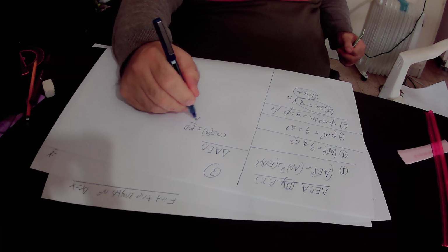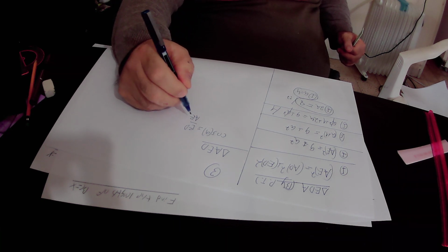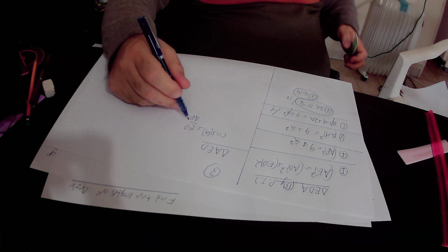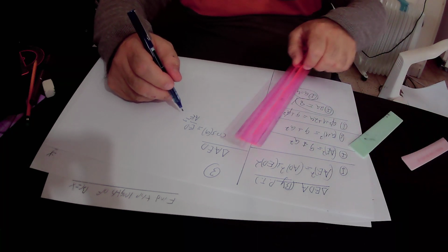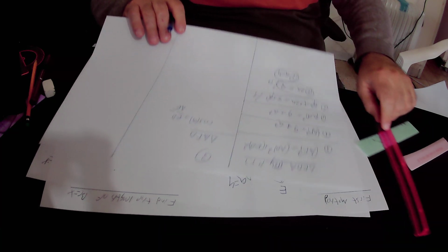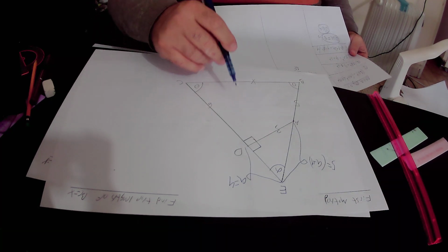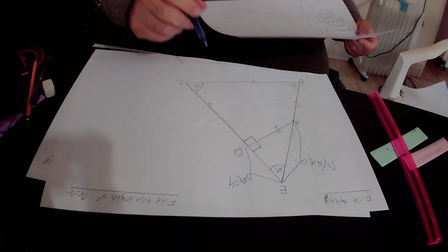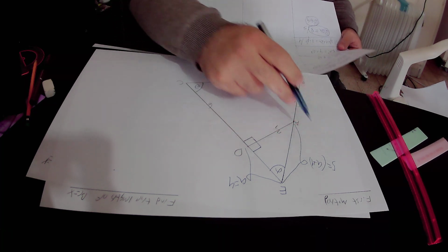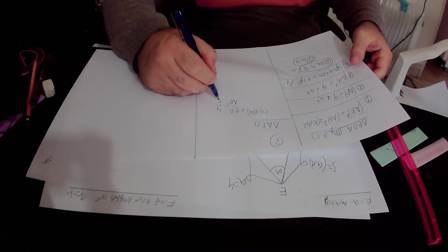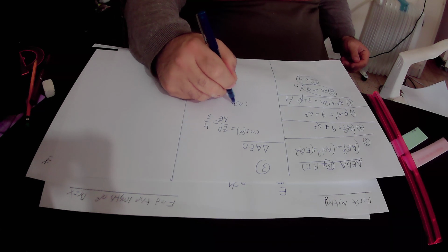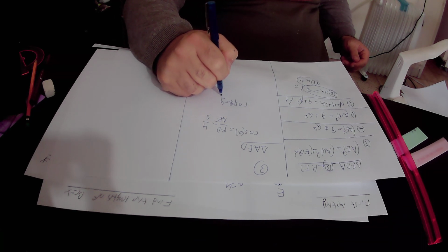I repeat again, in the right triangle AED, cosine alpha equals ED over AE. We have already found out that ED equals 4, so we substitute ED by 4, and AE equals 5, so we substitute AE by 5. So in conclusion, we found out that cosine alpha equals 4 over 5.